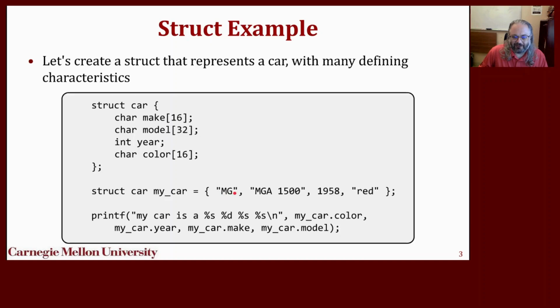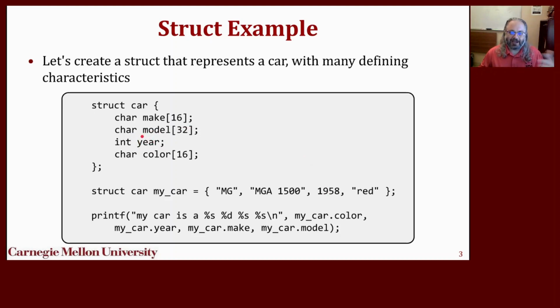MG is the string representing the make. MGA 1500 is the model. 1958 is the year, and red is the color. This is a valid way of declaring and defining a struct car data structure. These string literals will be copied into the make, model, and color variables within the struct, and this integer will be copied into the year within the struct.